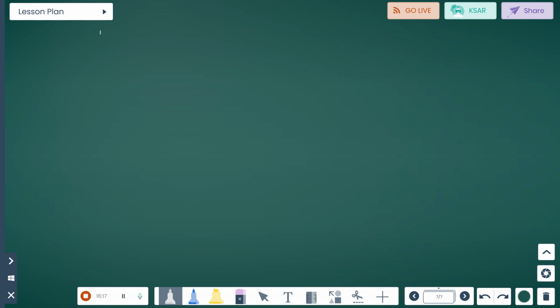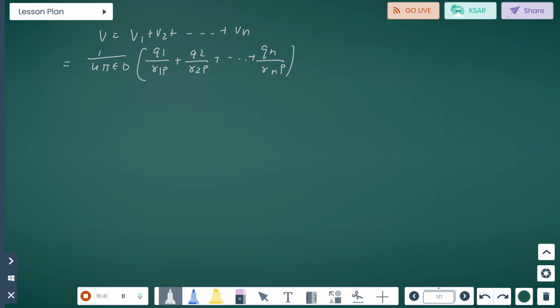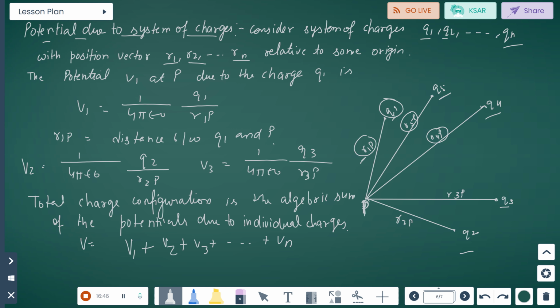Now putting in all the values, taking 1 by 4 pi epsilon naught common, we have Q1 by R1P, Q2 by R2P, and so on, Qn by RnP. This is the potential due to system of charges.